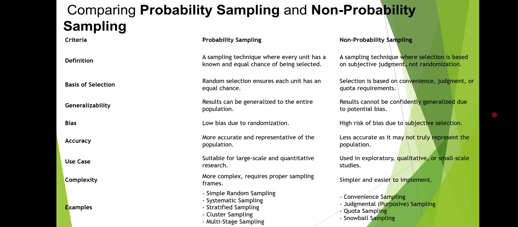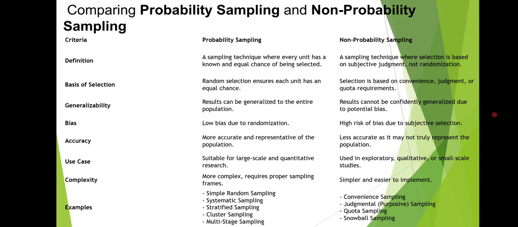Probability sampling is a sampling technique where every unit has a known and equal chance of being selected. And non-probability sampling is where selection is based on subjective judgment, not randomization. Basis of selection: for probability sampling, random selection ensures each unit has an equal chance.